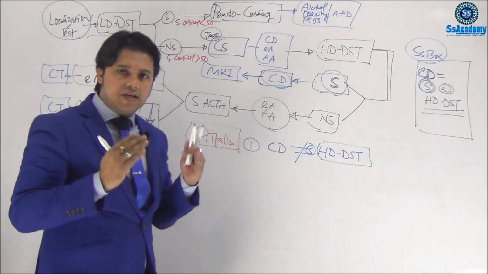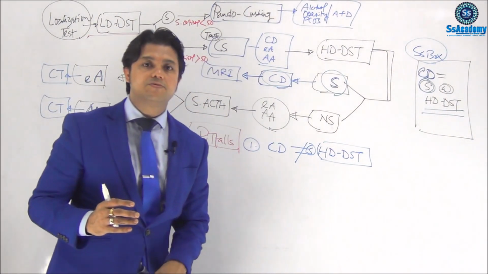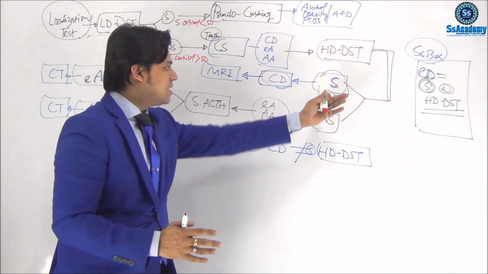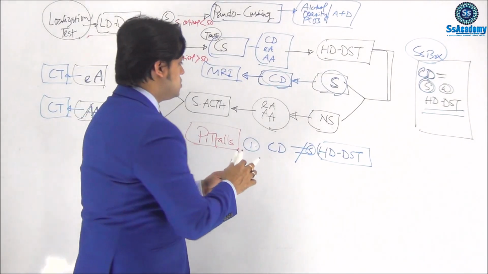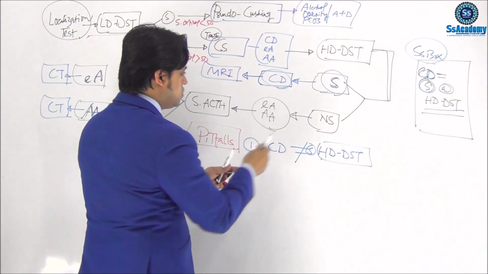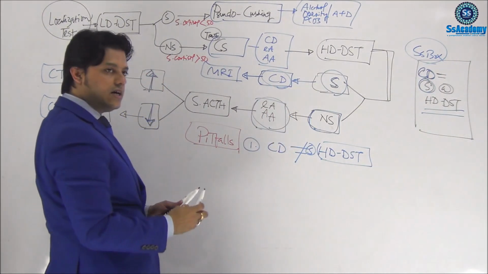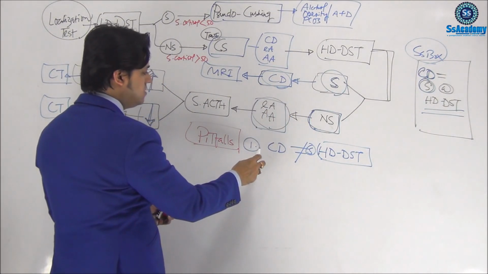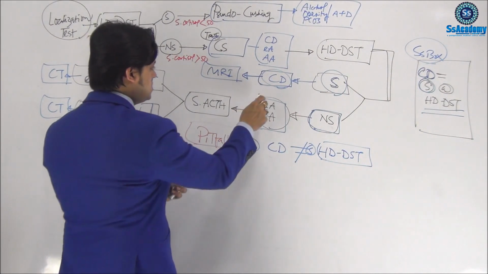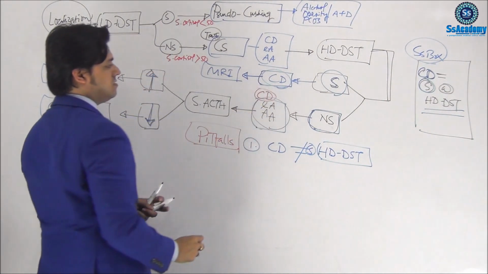What I said, the pituitary Cushing disease is not suppressed by HD-DST. So follow me. If it is not suppressed, the diagnosis is ectopic ACTH and AA, but of course the top of the list will be CD here.